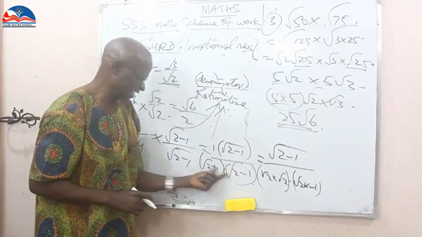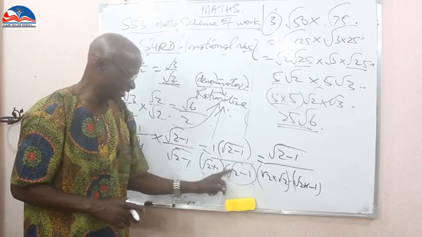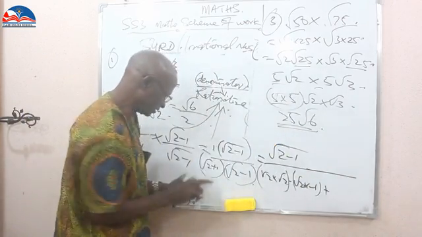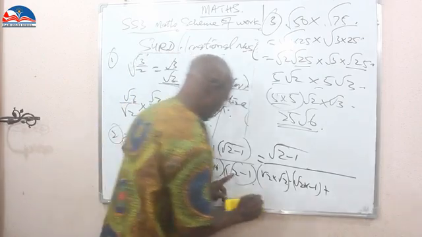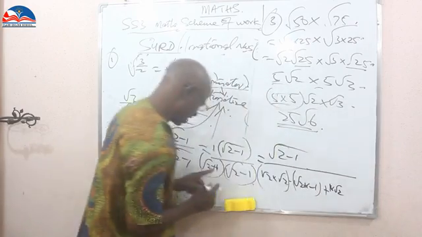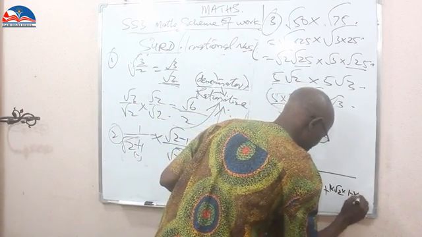Now go to the next one: plus 1 times root 2, and 1 times minus 1.